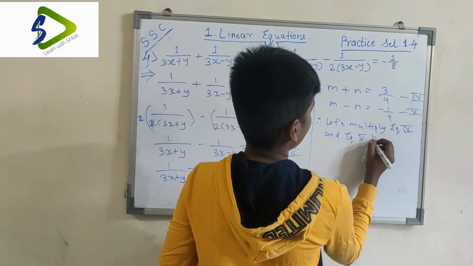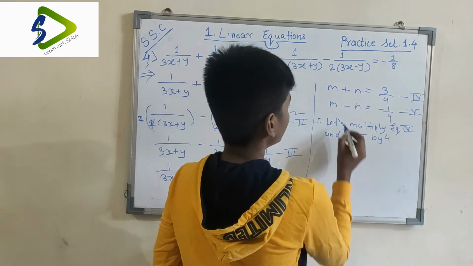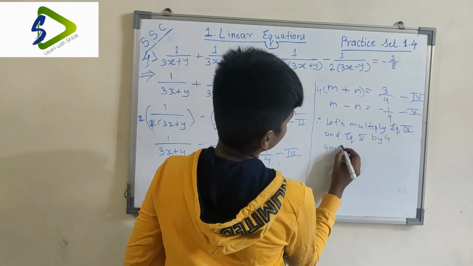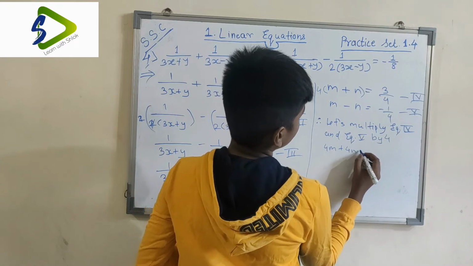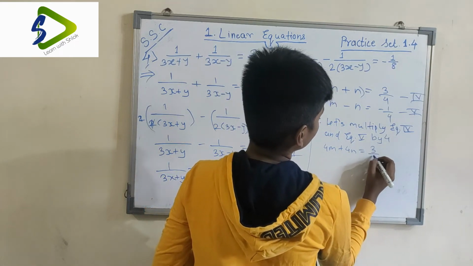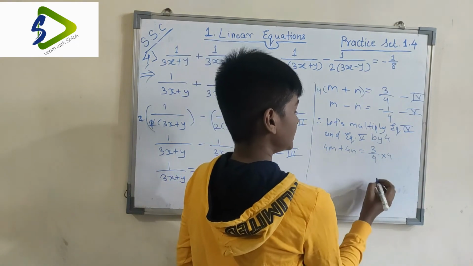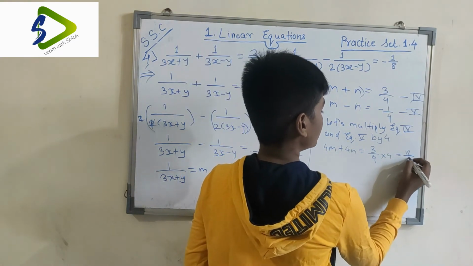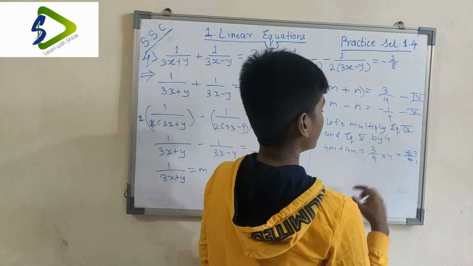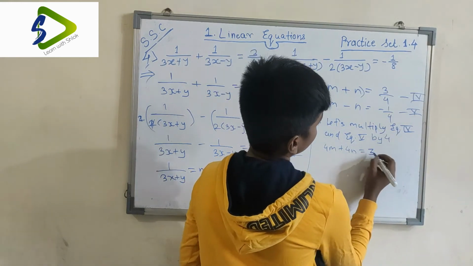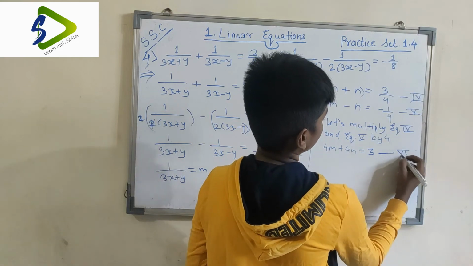And therefore if you multiply this by 4, you get 4m plus 4n is equal to 3 by 4 times 4. Here also we have to multiply it by 4. 4 threes is 12, so it becomes 12 by 4, 4 ones and 4 threes, so our equation becomes 4m plus 4n is equal to 3, which is the sixth equation.